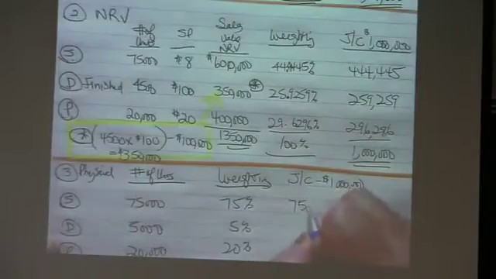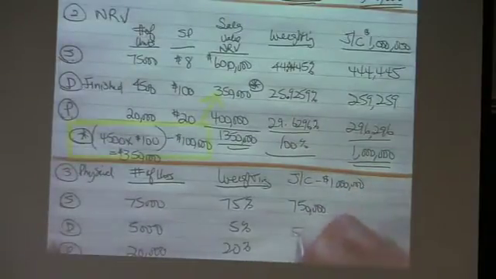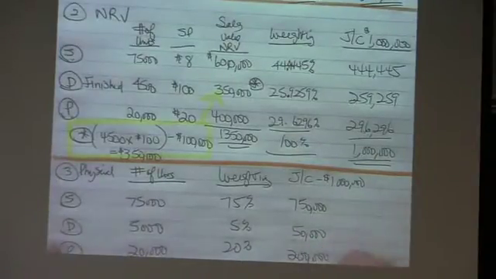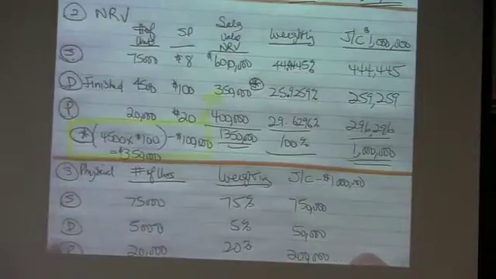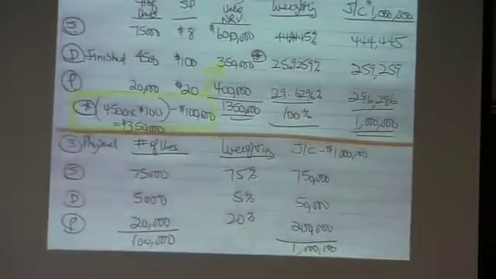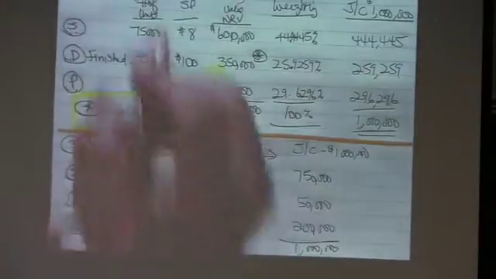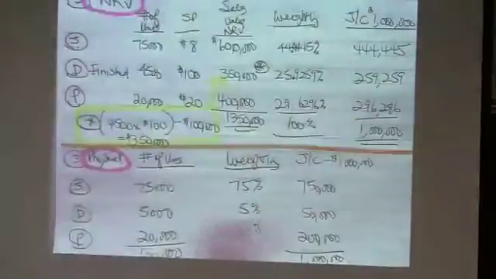So we've got 750,000, 50,000, and 200,000. That would be the physical method. So I'm just going to highlight this, the physical, the NRV, and the sales value at a split off point.